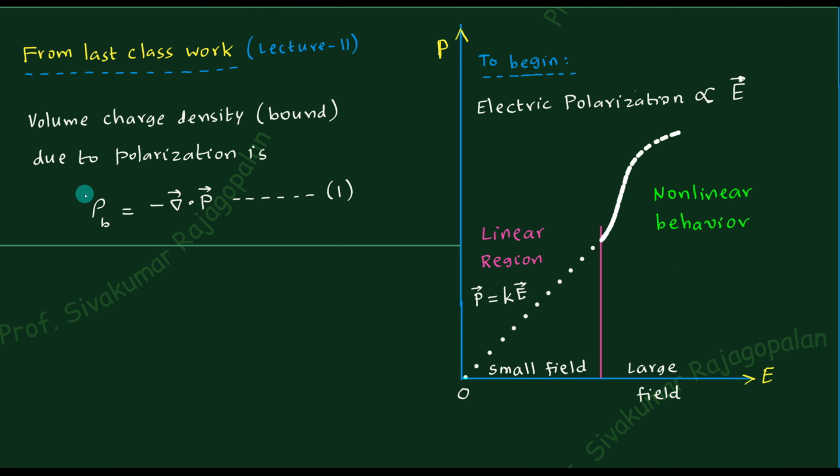So it's possible to find this density, but measuring the volume charge density directly is not possible. That is where the importance of the last class, lecture number 11, comes in. Whatever calculation we performed gives you an indication that the quantity rho b we can't measure directly, but what we can measure is the polarization vector, and these are therefore related.